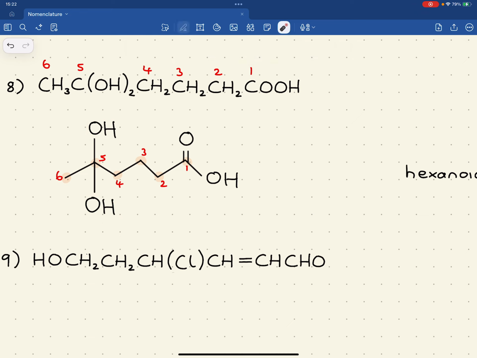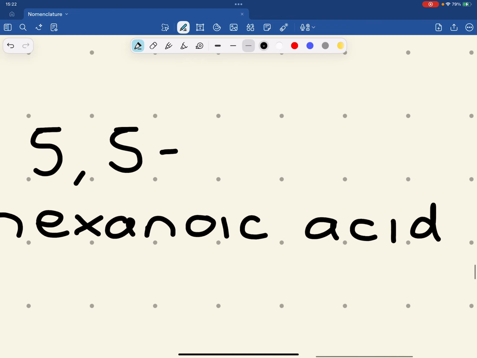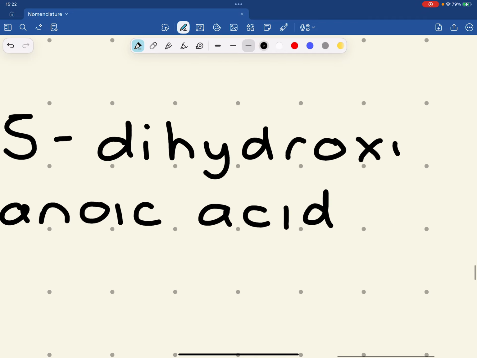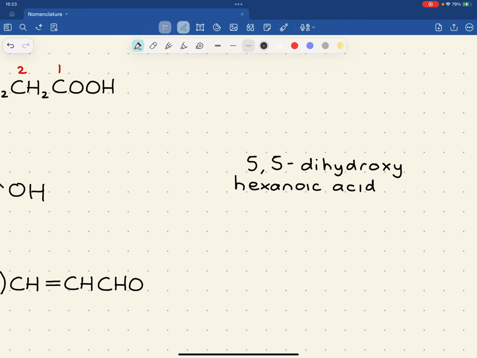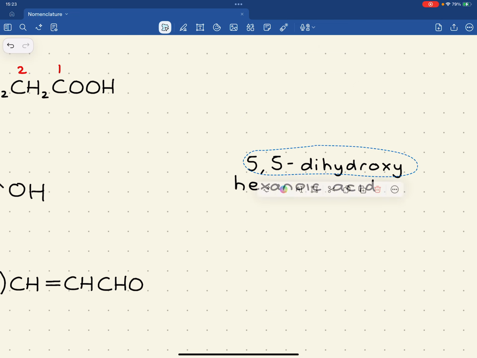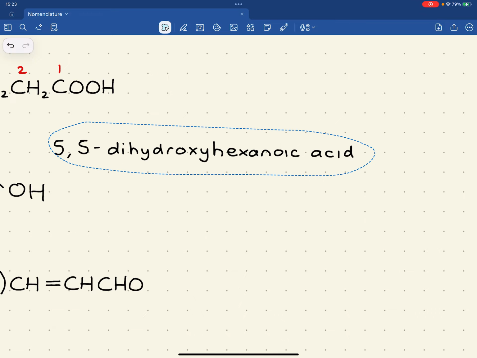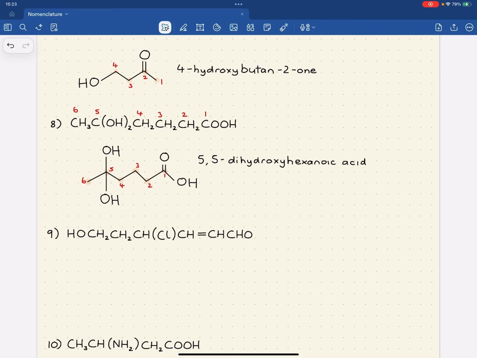So we need to say that. So this would be 5, comma 5. Remember the multiplier, if I've got 2, something is di. Hydroxy is the prefix for an alcohol. So this would be 5,5-dihydroxy. Let's just put this as part of the same name. 5,5-dihydroxyhexanoic acid.